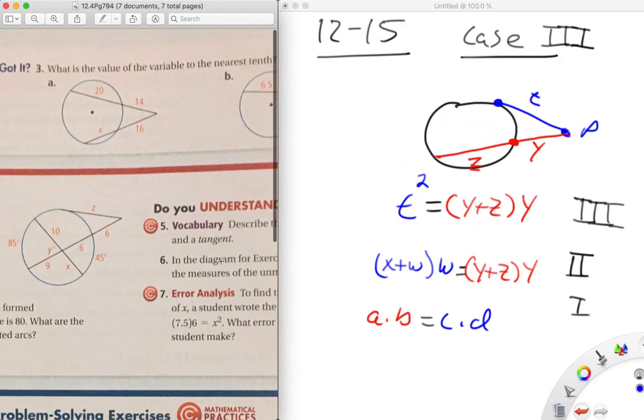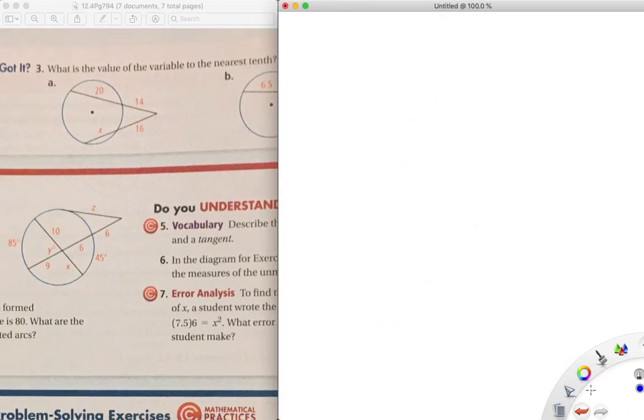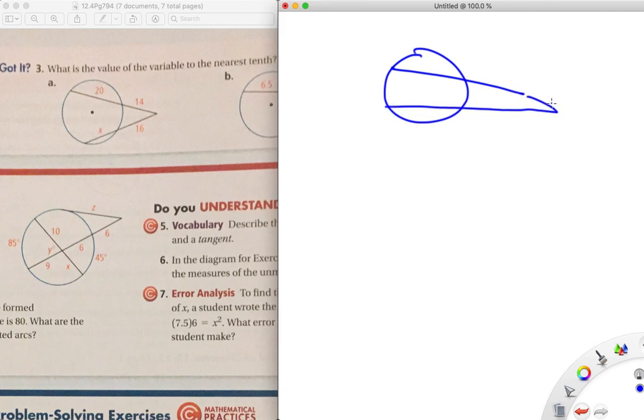Alright. So here, we have a circle. Go here, go here. Up here is 20. Here's my intersection point. Here's 14. Here it's X. Here's my intersection point, and that's 16.